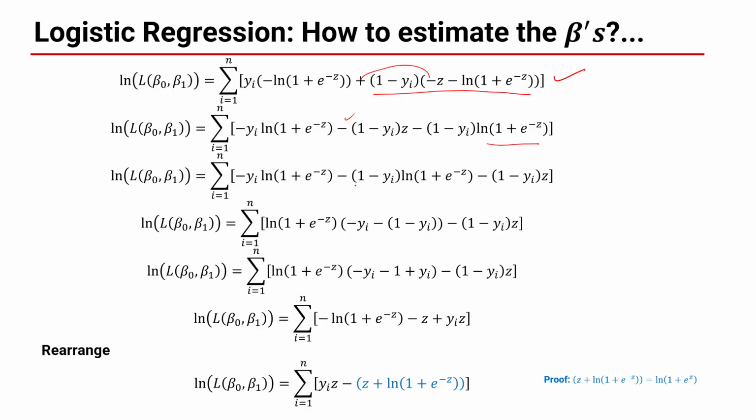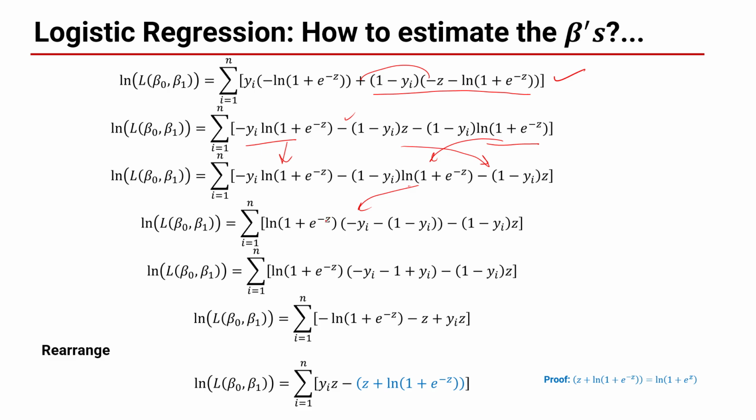Okay, now what we are going to do is take the 1 minus yi as common. Okay, sorry, we are just going to rearrange it. So this value is as it is. Then we write down this term, then we write down this term. Over here, we are taking the common value, which is ln into 1 plus e power minus z.